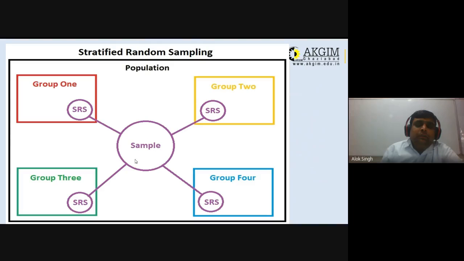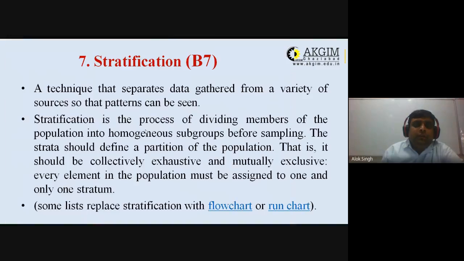From these groups you can take a sample by using simple random sampling. So you can pick some red balls, some yellow, some green, some blue. This is the use of stratification.